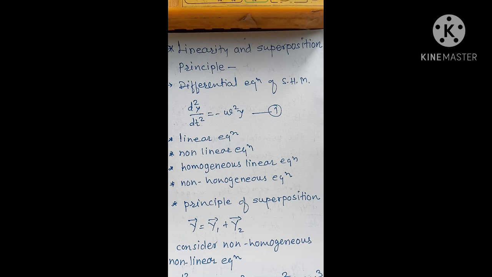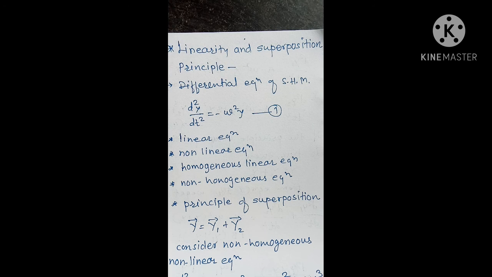Now we are going to the next term, principle of superposition. The principle of superposition states that when a particle is subjected to two simple harmonic motions simultaneously, then the resultant displacement vector y is the vector sum of the individual displacements that they can produce.